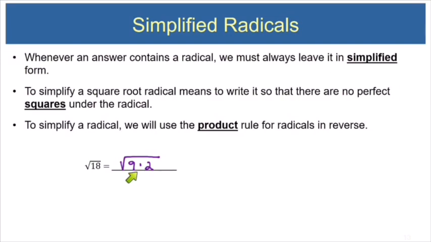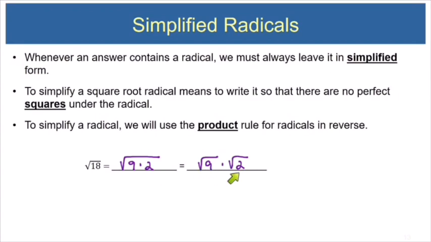Now I'm going to use the product rule for radicals to split these up and give each one its own radical. So you know that if I have square root of 9 times 2, I can split these up and put each number under its own radical. That's just the product rule in reverse. So then we would have square root of 9 times square root of 2, and the square root of 9 is 3.